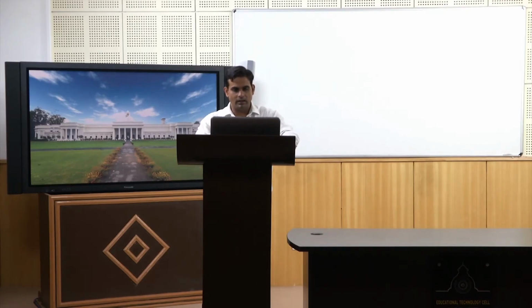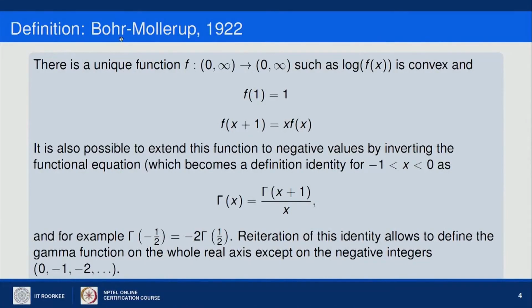In 1922, Bohr and Mollerup proposed this definition: there is a unique function f from 0 to infinity to 0 to infinity, such that log of f x is convex, f 1 equals 1, and f of x plus 1 equals x times f of x.